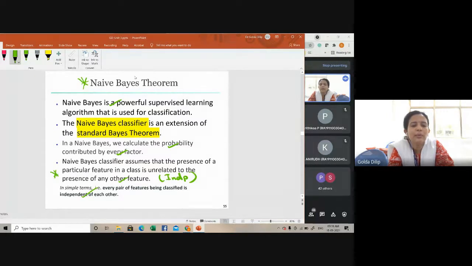I'll give you an example. The most important aspect of the naive Bayes classifier is that it assumes the presence of a particular feature in a class is unrelated to the presence of other features. That's what the naive Bayesian theorem tells you.